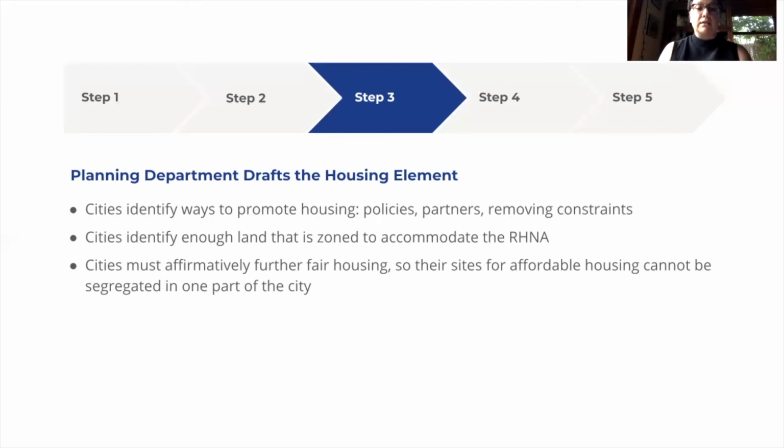And then finally, what's new to this planning period is that cities have to affirmatively further fair housing. So all of the sites that they identify for affordable housing can't be grouped into one part of the city. That is something that is often done. It's like, oh, this great big vacant site by the airport, what a great site for all the affordable housing.